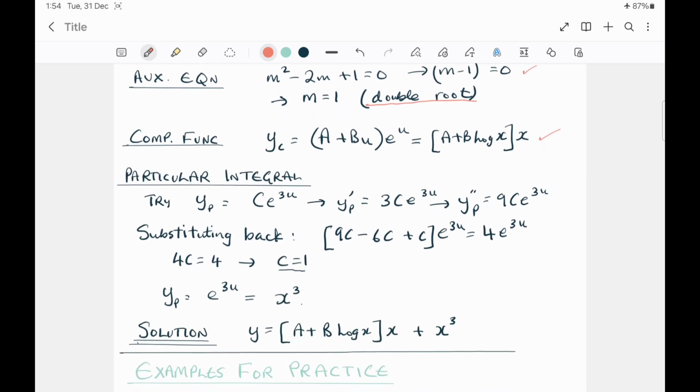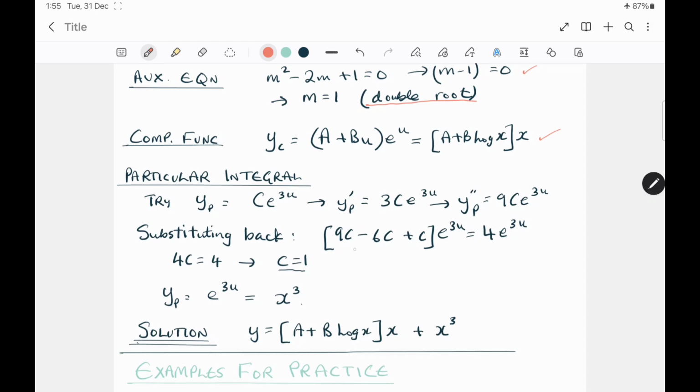So we'll try y p equals some constant c times e to the 3u. And from that, when we differentiate, we'll get the first differential as 3c e to the 3u, and the second differential as 9c e to the 3u.